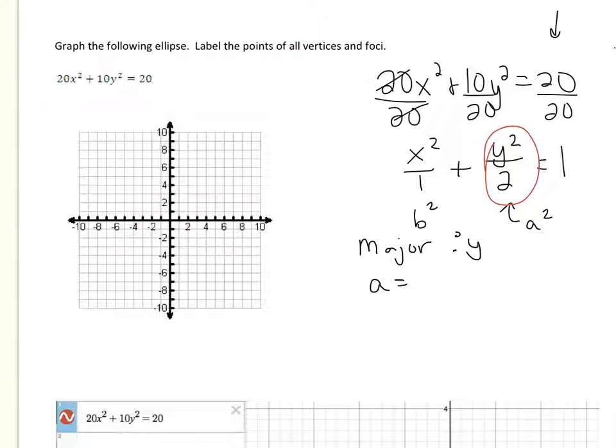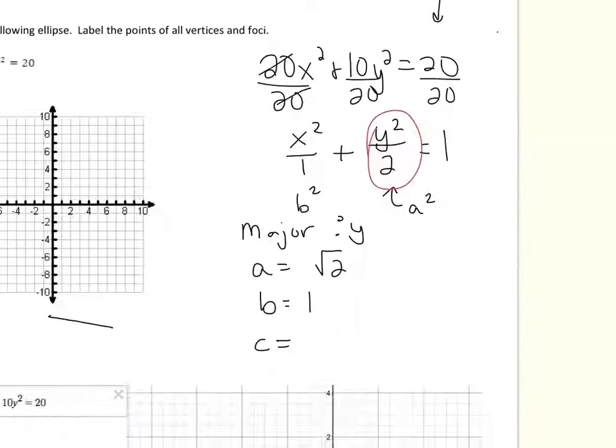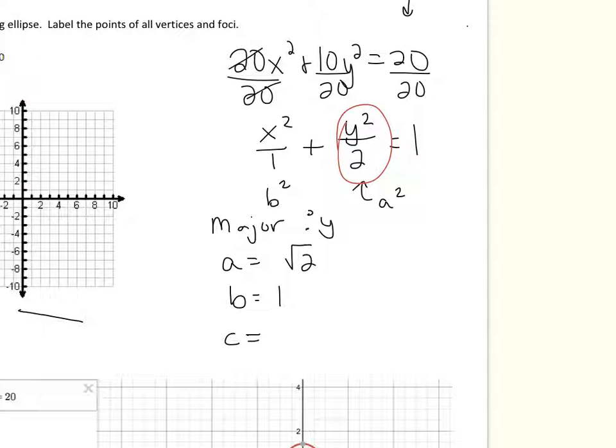A is going to be the square root of 2, because a squared is 2, so if I take the square root of that, I get square root of 2. B is going to be 1, and C, I don't know. So if I want to find C, I'll go back to the same equation we've used for all these, which says b squared equals a squared minus c squared. So b squared is 1.